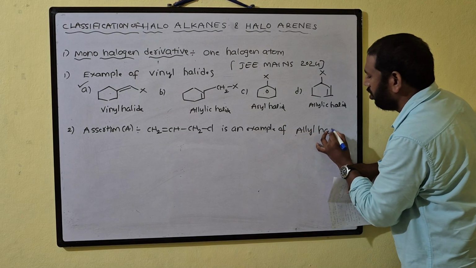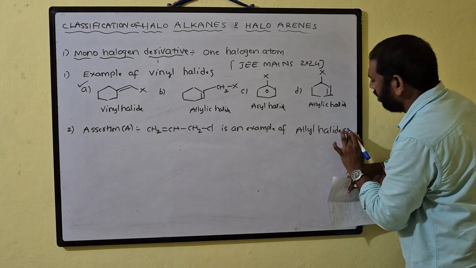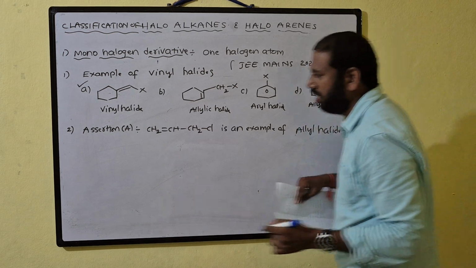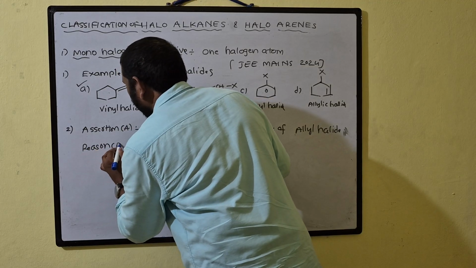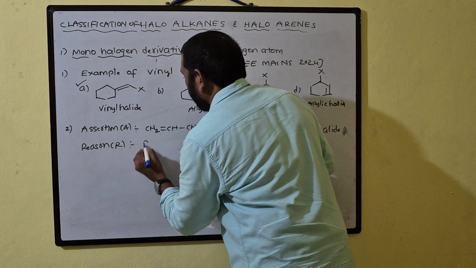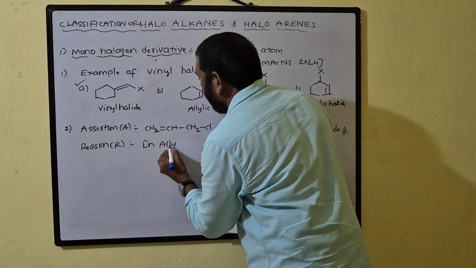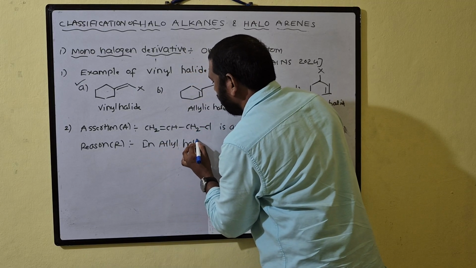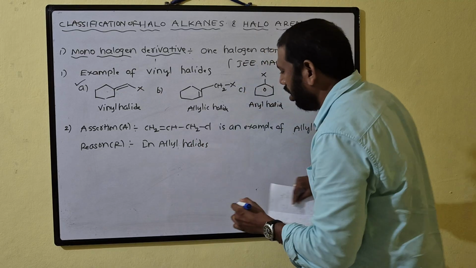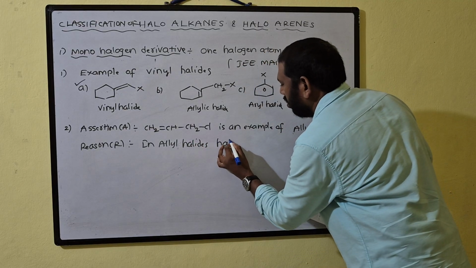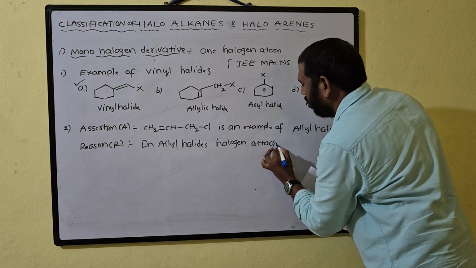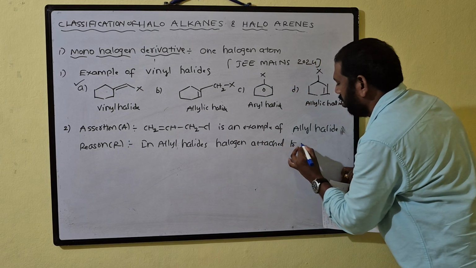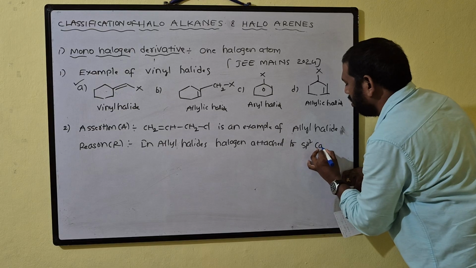Allyl halide means allylic halide. Next, reason R: in allyl halides, the halogen is attached to an sp2 carbon.